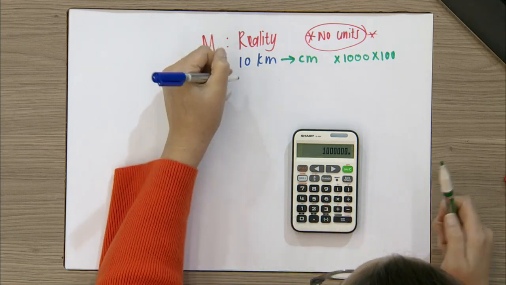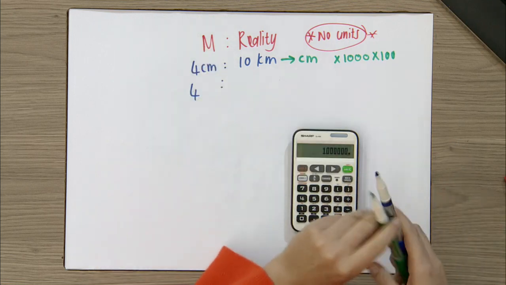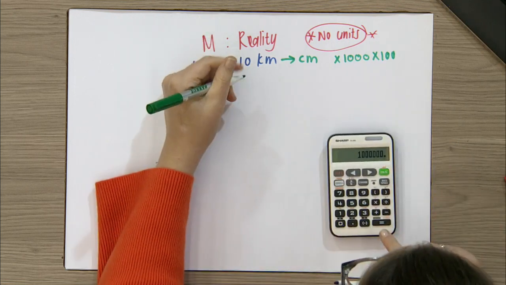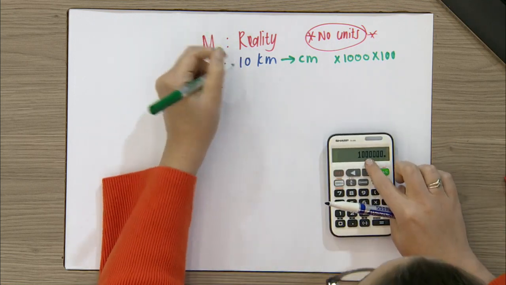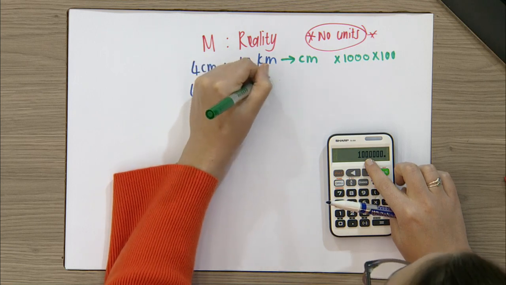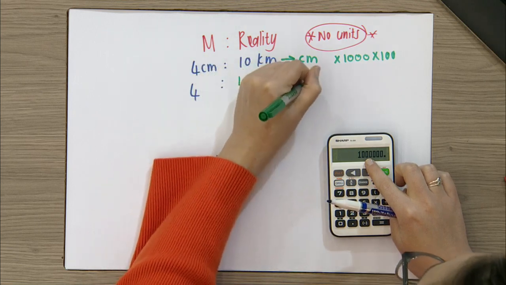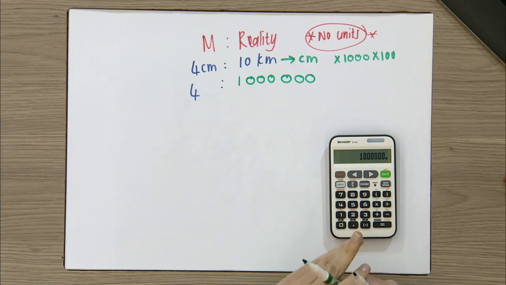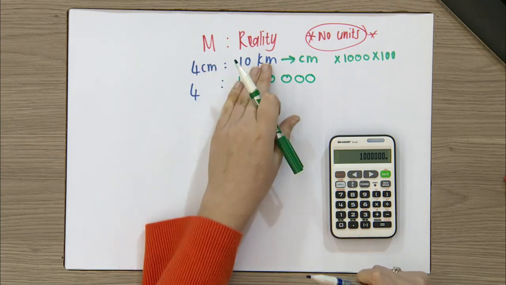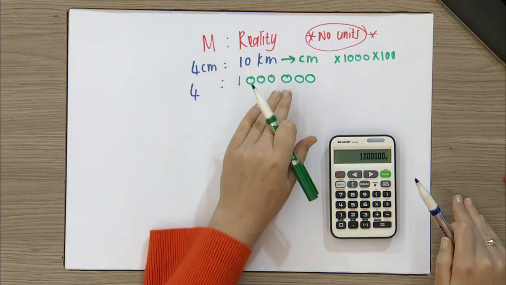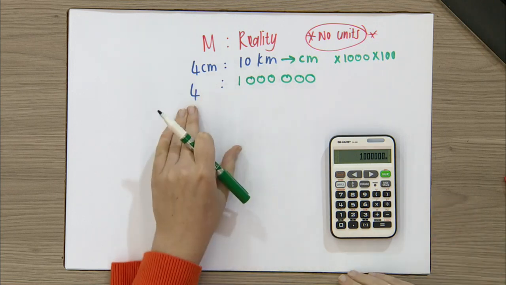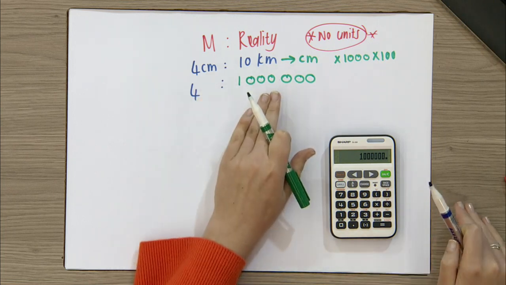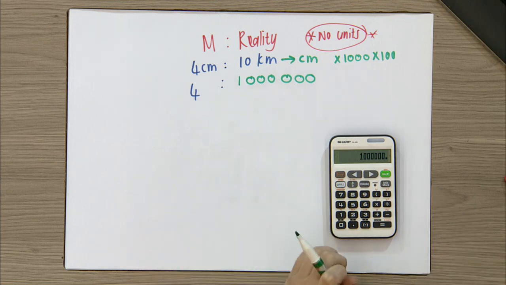And now, if you see, the distance in reality, still the same distance actually, will now be 1 million. So now I don't have two different units anymore. I have centimeters and I have centimeters. So 4 centimeters is the same as 1 million centimeters.